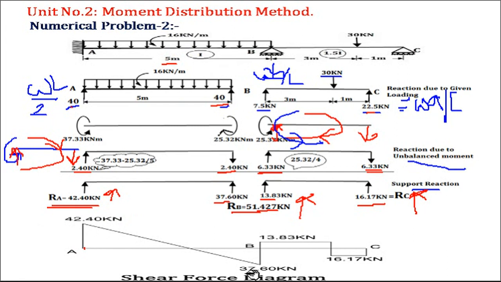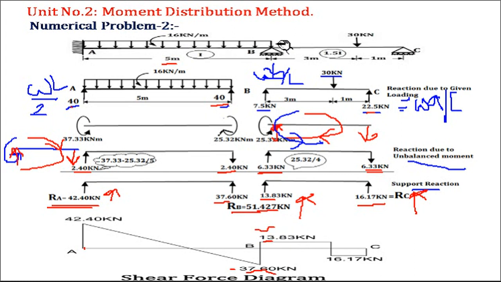So we get the value 37.6, that is minus, below the line. The reaction at B is 51.427, so minus 37.6 plus 51.427, we get the value 13.83.